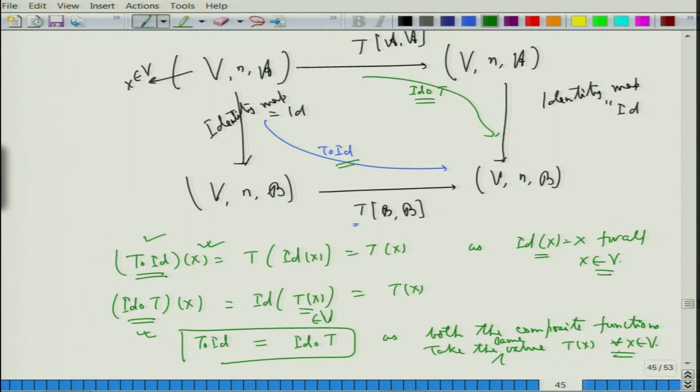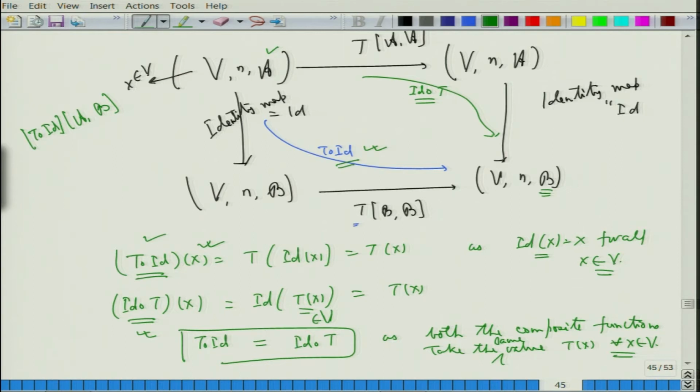So they are the same. So therefore we should be able to look at their matrices. All right. So if I look at this matrix, T o identity, fine. This matrix is coming from starting with A, the domain is A, and the final thing is B here. So I need to compute this matrix.